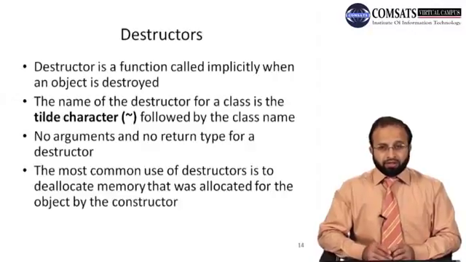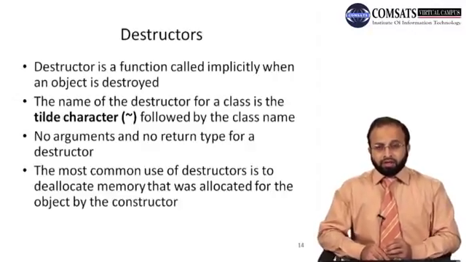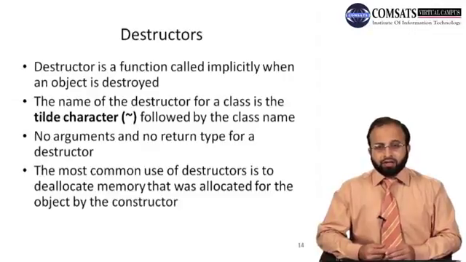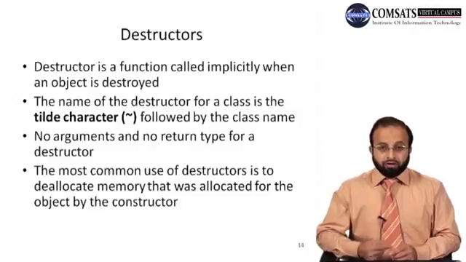But we can have a destructor in the class definition. So what we can do is write the code for freeing the memory within the destructor, and then when an object is destroyed, or the main function exits, or the program exits, the destructor will be called automatically and it starts deleting these objects from the main memory.